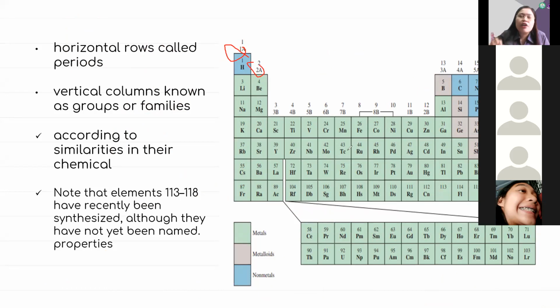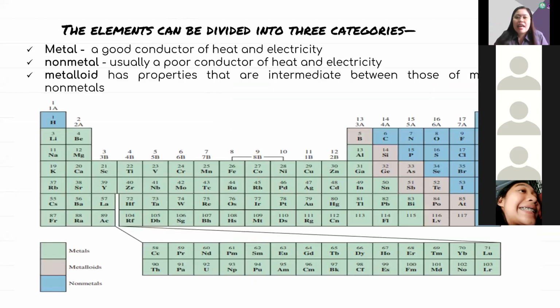And they are called the transition elements. So marami tayo class. All in all, we have 16 families or groups in the periodic table, classified into family A and family B. So again, 118 lahat ang discovered natin na elements in the periodic table.